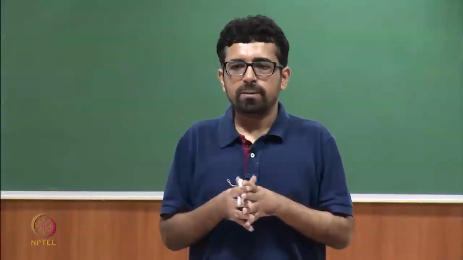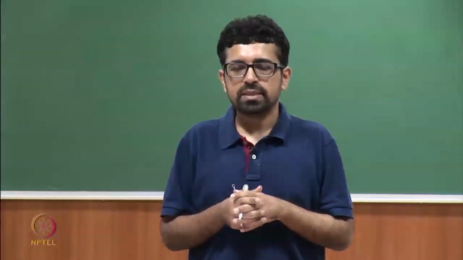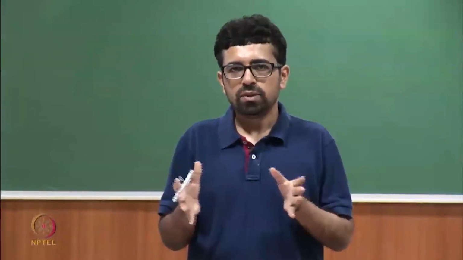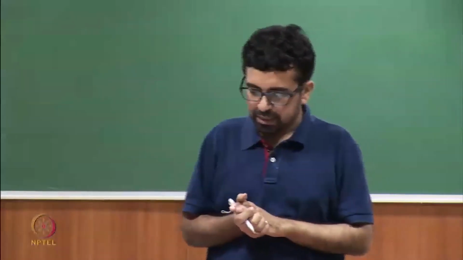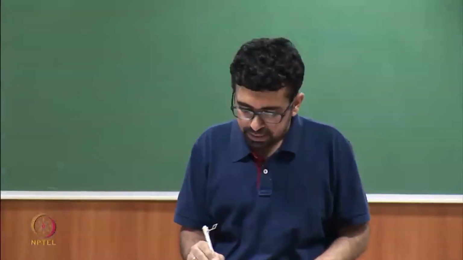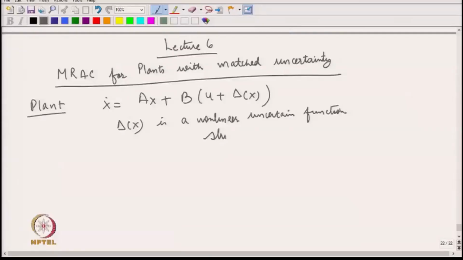Unstructured uncertainty is where we do not know the structure of the uncertain term. So, here we assume that this delta of x is a structured uncertainty, and in this case it is also a matched uncertainty.